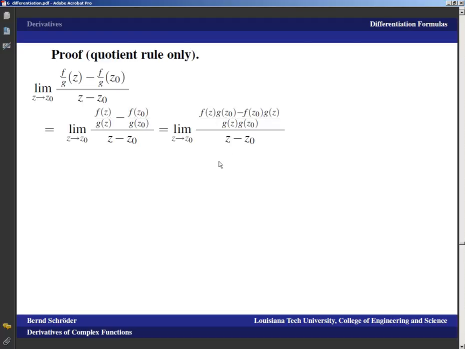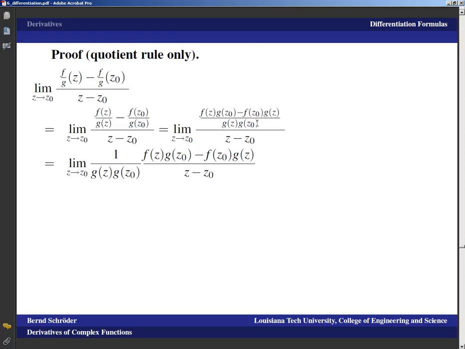Alright, so finding common denominators, multiply with g of z0 here and multiply with g of z here, we get the limit as z goes to z0 of f of z g of z0 minus f of z0 g of z, divided by g of z times g of z0, divided by z minus z0. And then we can go ahead and multiply with the reciprocal of z minus z0.